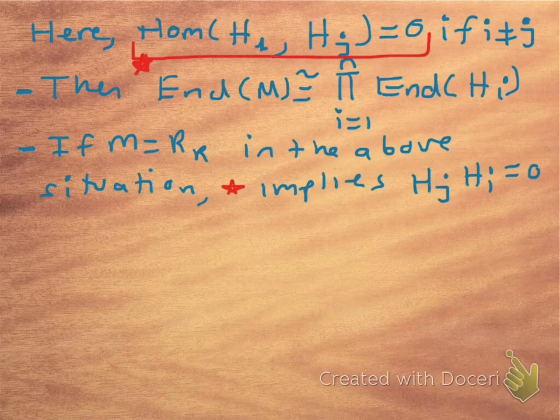It's easy to see this because h_j h_i could be viewed as sums of the images of some homomorphisms from h_i into itself, realized by left multiplication by elements of h_j. The details are again quite easy, straightforward, so I leave it to the viewer. And that's the first thing that's implied.